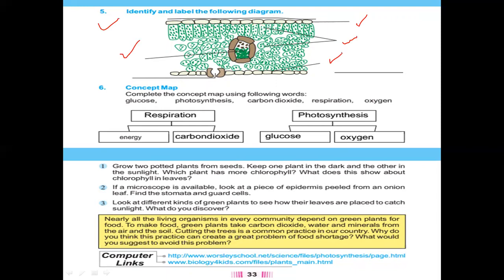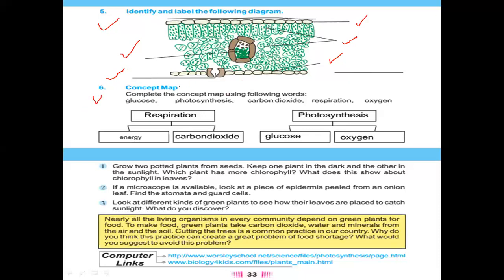This is lower epidermis. And this is, just think, yes, stoma, because this is singular. And here you will write, what is this? Internal structure of a leaf. Yes. And you can take help from your book as well, because the same diagram is in your book.